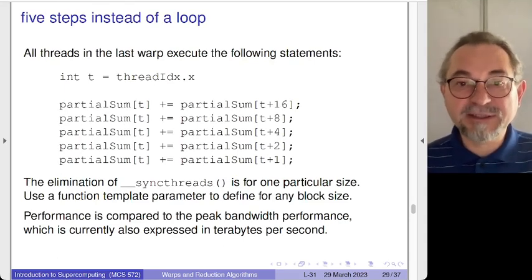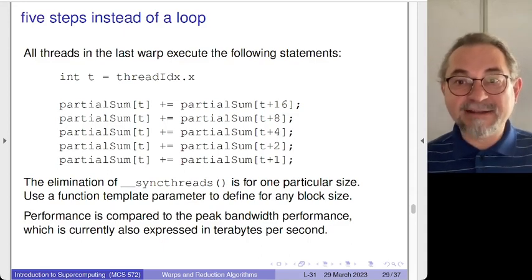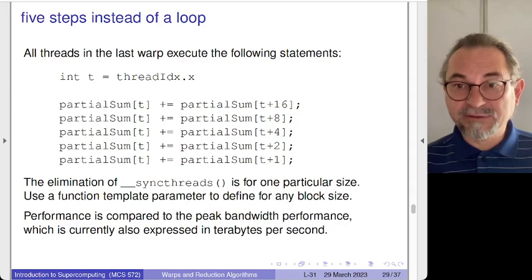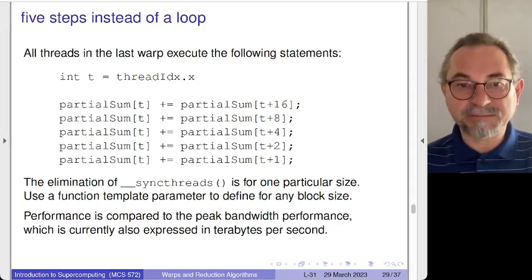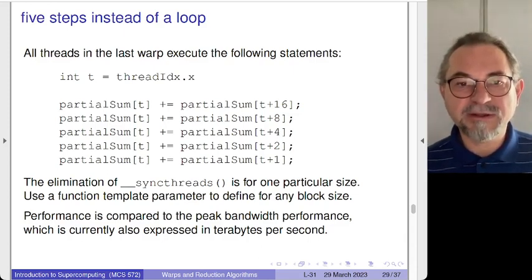Here you see the code for the loop unrolling. The synchronization of the threads is no longer needed, as every thread now executes these 5 instructions. So that means that you can really do this in a logarithmic number of steps. I copied this from a reference that I'm going to cite in the next slide.